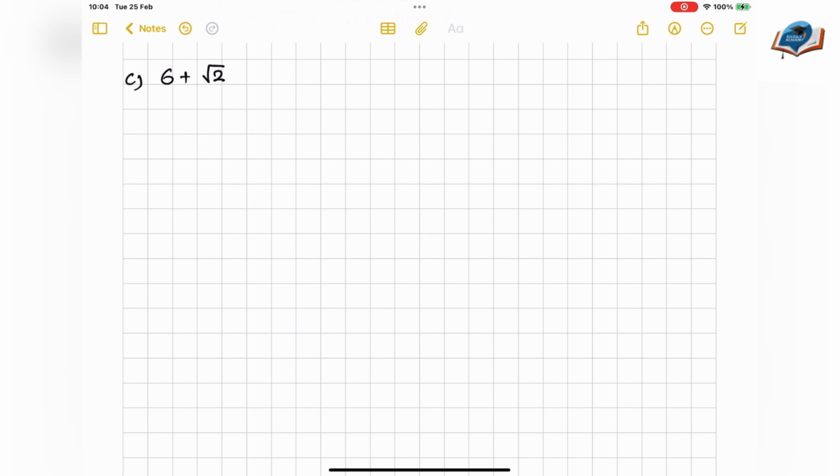Next question says prove that 6 plus root 2 is irrational. So again, let us assume that 6 plus root 2 is rational.